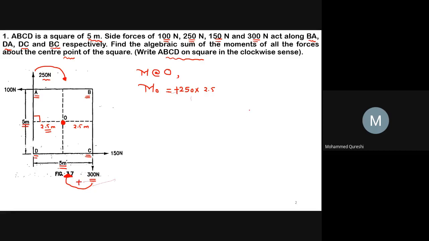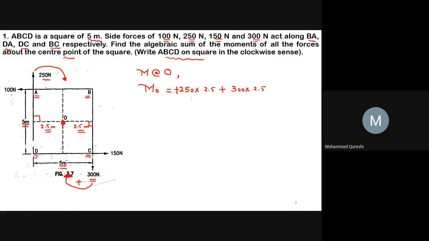So I will write here plus 300, that is force into perpendicular distance. This 300 Newton is making perpendicular distance of 2.5 meter with respect to point O. So I will write here distance as 300 into 2.5. Now we will go for another force, that is 100 Newton.